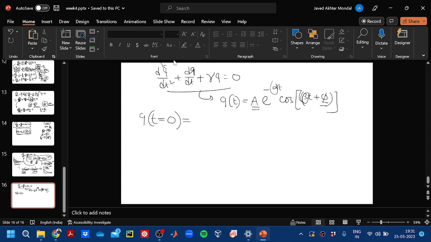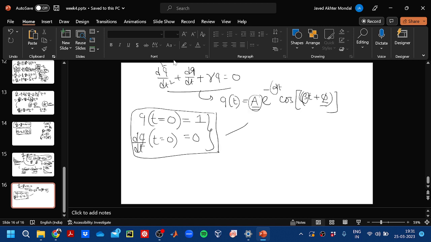So let us say this is 1, and we have to know the derivative of this charge, or the current, at initial time. Let us assume it to be 0. If we know these two, then from that we can calculate this a and phi.